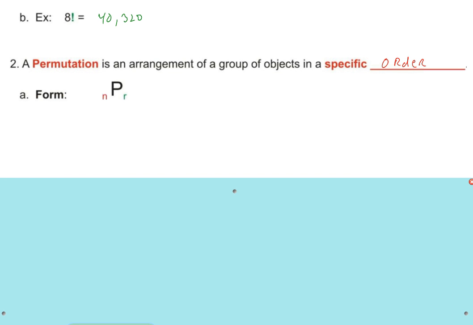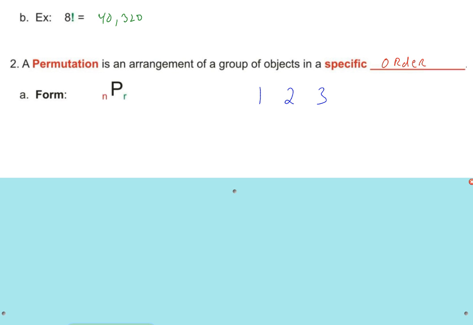Now, usually I have people come up and stand in order, but I'm just going to do it here on the screen. So, let's suppose we have 3 people, and we'll call them person 1, person 2, and person 3.